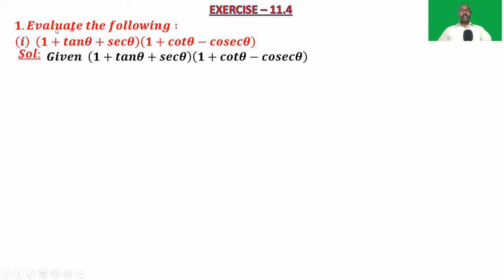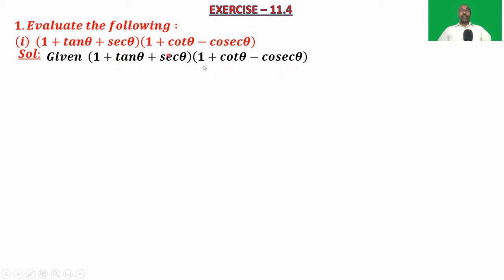So first one, evaluate the following. Here the first one is 1 plus tan theta plus sec theta into 1 plus cot theta minus cosec theta.